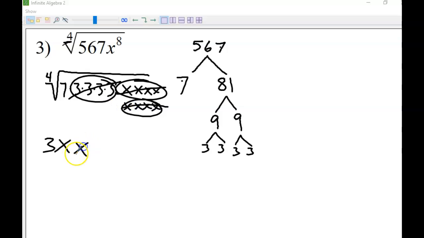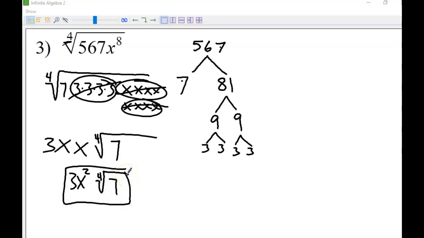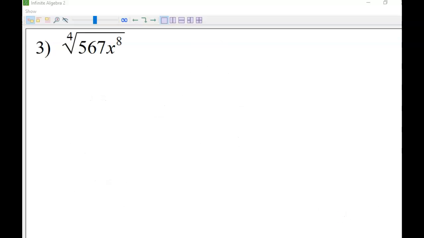And 1 more. And what I'm left with on the inside then is a 7. Don't forget to put your little 4. And so the final answer is 3x squared, 4th root of 7. Okay? So that's how you find other types of roots. Roots that aren't square roots, basically you're just looking for bigger groups.